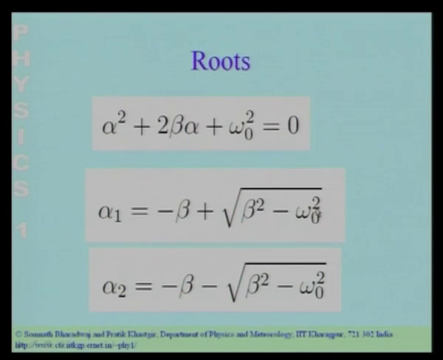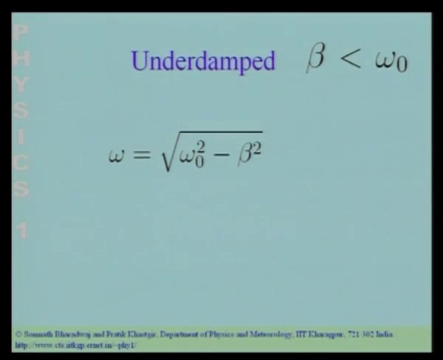So, if beta is less than omega naught, you have an imaginary number over here and you have two complex roots. Whereas, if beta is equal to omega naught or beta is more than omega naught, you have real roots. We shall first take up the situation where beta is less than omega naught. This situation is referred to as underdamped. So, if beta is less than omega naught, you have underdamped oscillations.